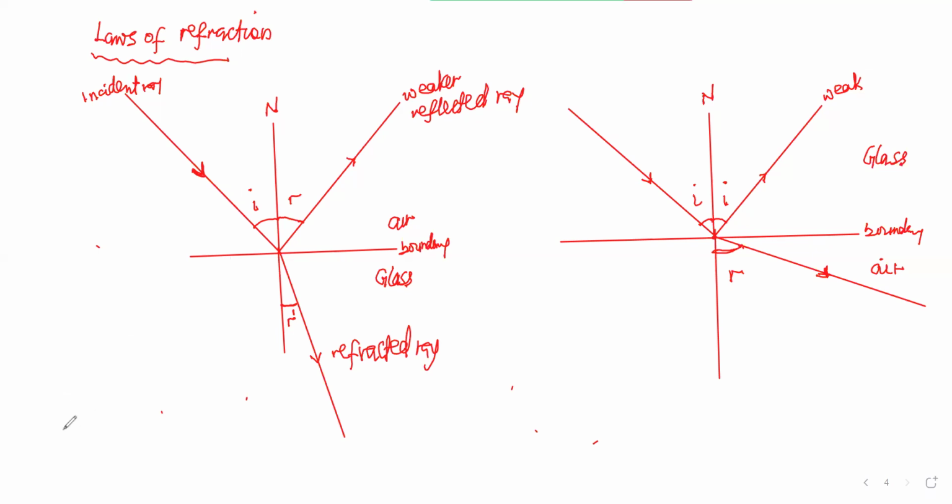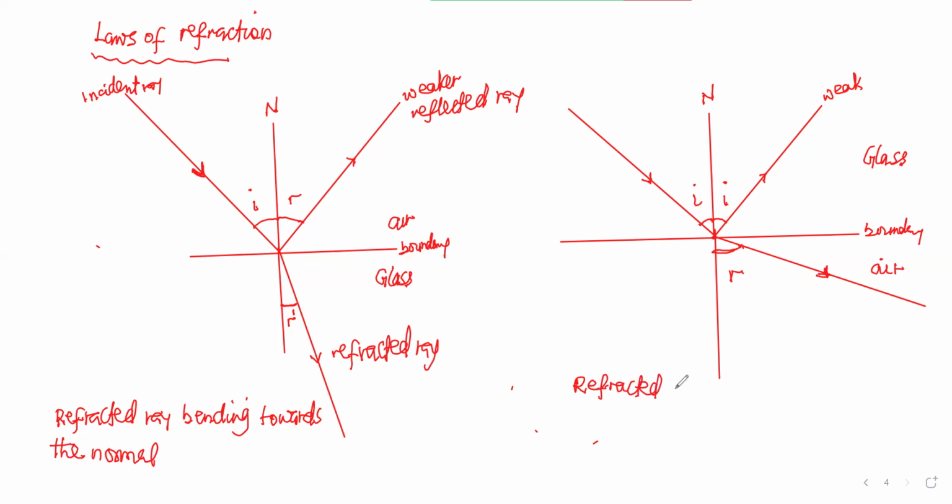So this is the refracted ray bending towards the normal, and here the refracted ray bending away from the normal.